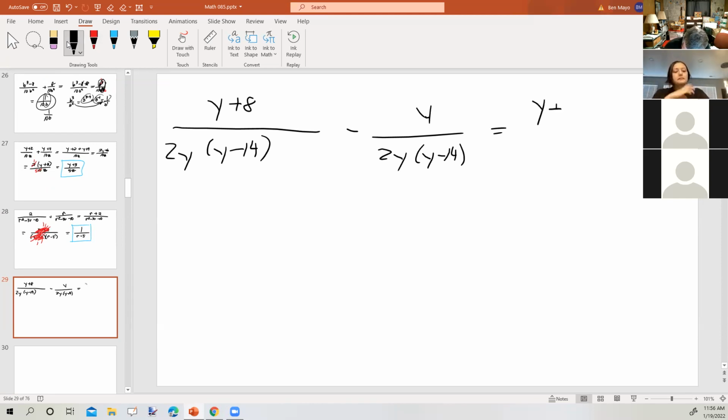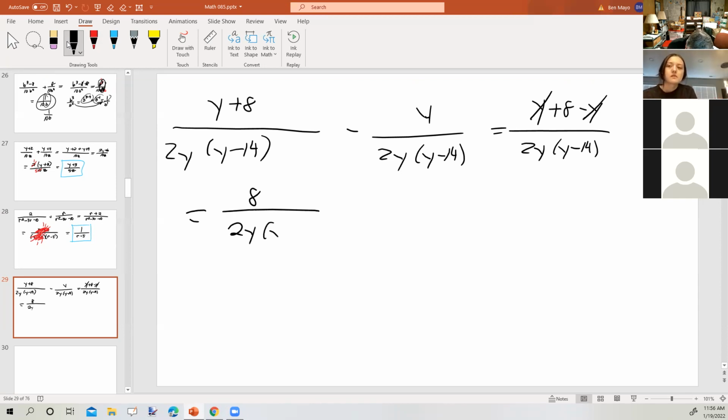So that's y plus 8 minus y all over 2y times y minus 14. Common denominator. The plus y and the minus y reduce out. I've got 8 over 2y times y minus 14. But I could reduce the 8 and the 2 to 4 over 1. So now I've got 4 over y times y minus 14.